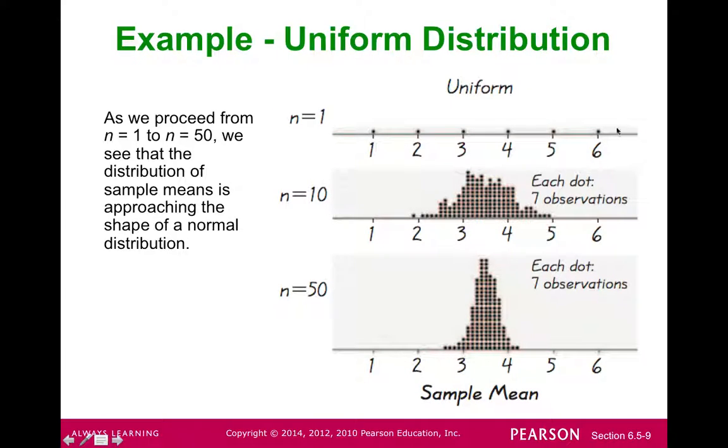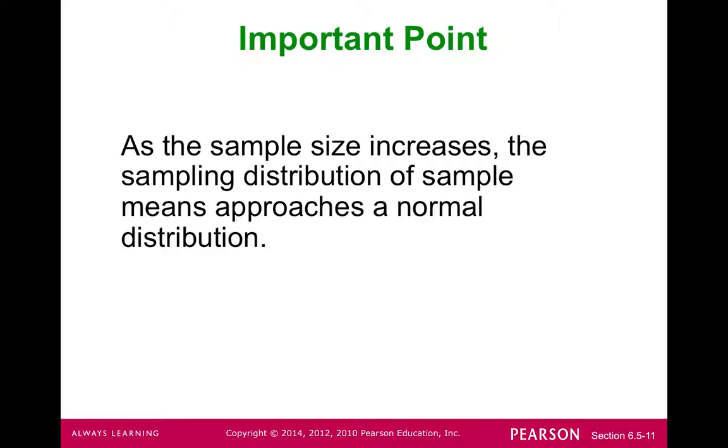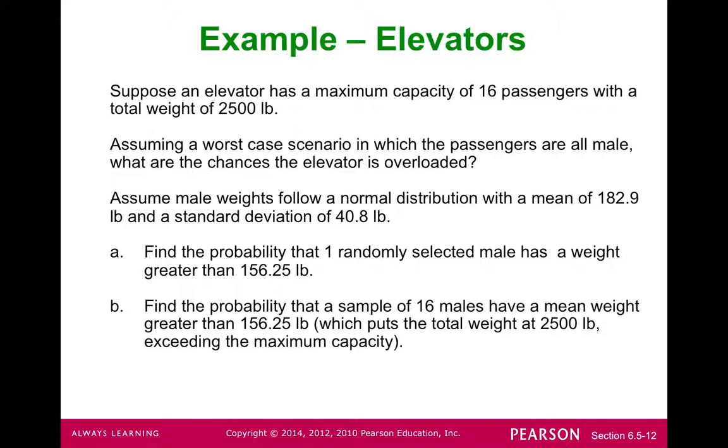Uniform, meaning that it's uniform. And then U-shaped being the opposite of a bell-shaped curve. It doesn't matter. Either way, when you get to this n equals 50, your sample mean shape approaches that normal distribution, that bell-shaped curve. Okay, so an important point: as the sample size increases, the sampling distribution of the sample means approaches the normal distribution. That's the takeaway here. So let's look at an example of how this might come up in a problem.